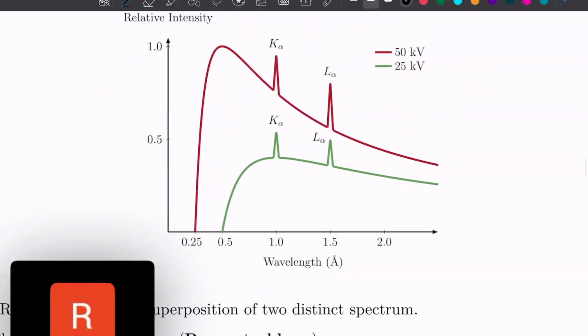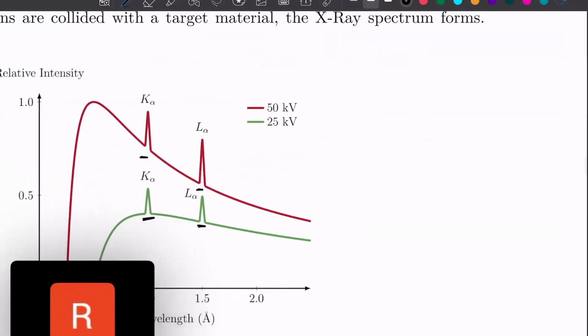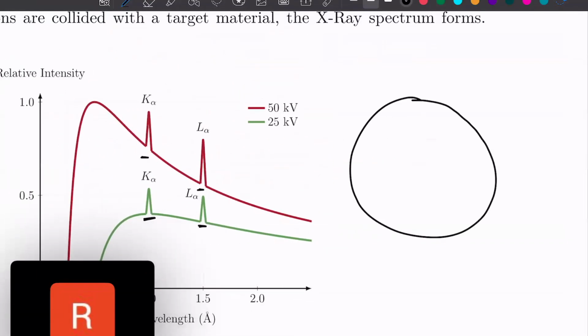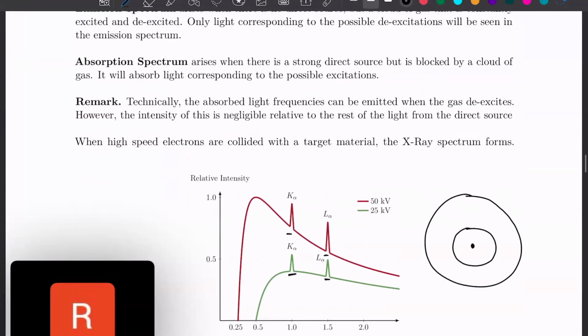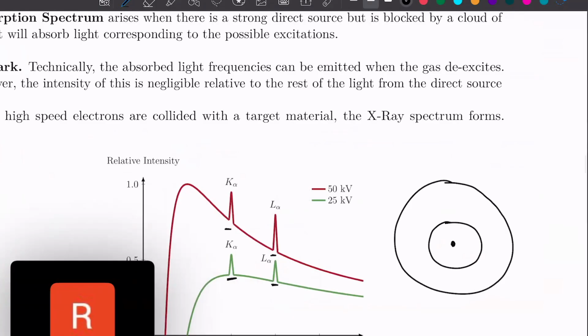Then the thing that we are more interested in is the characteristic peaks. Okay, so let's draw back the atom. This one you shouldn't be confused because the mechanism for this is a bit different from the emission and absorption spectrum.